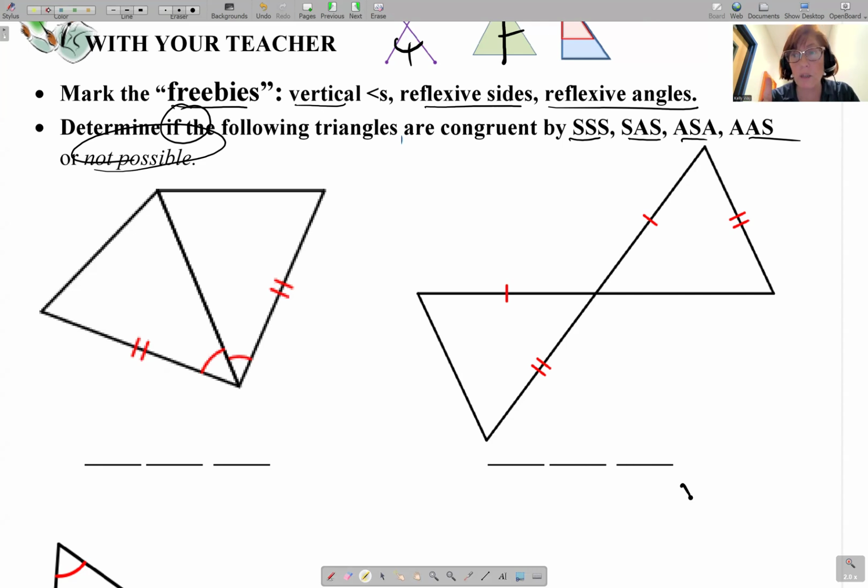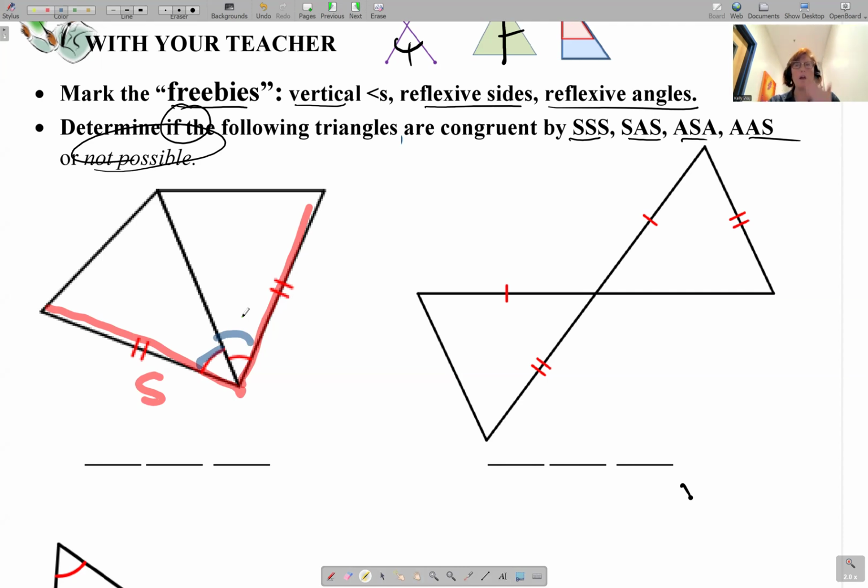Let's start with our things that are already marked for us. Trace. When I pause, see if you can beat me, say the word sides or angles. I'm going to go like this with my hand, like ta-da. Ready? Here we have a pair of sides. Sweep, sweep.